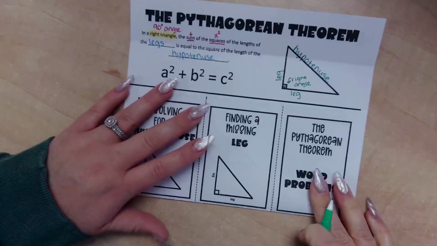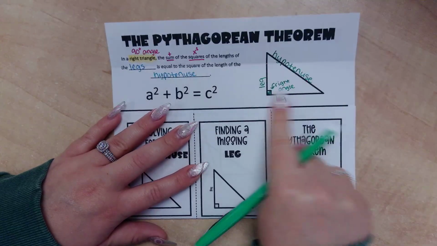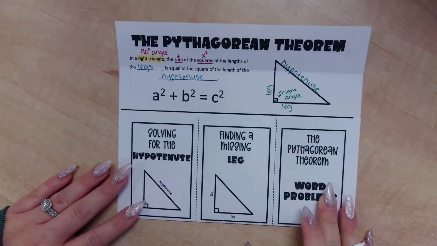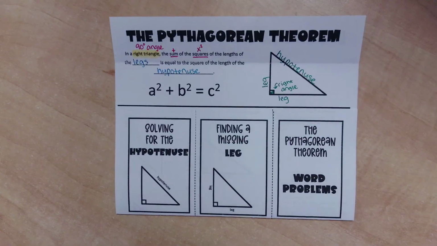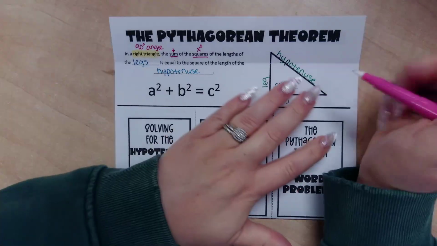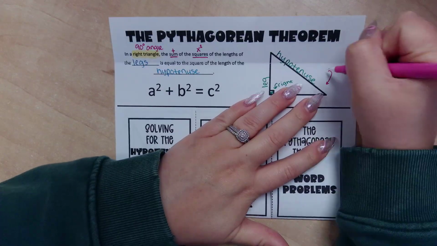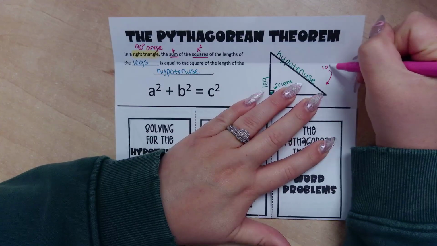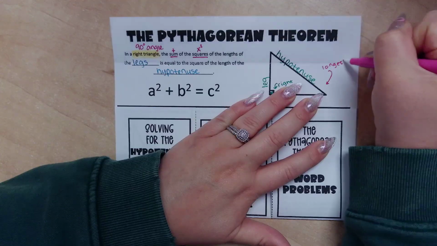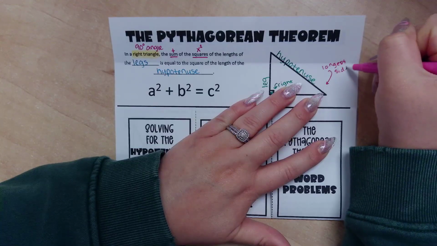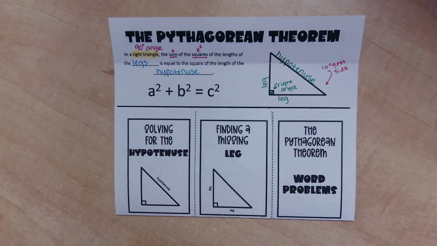And I want you to notice that the legs are actually shorter than the hypotenuse. The hypotenuse will always be the longest side of your right triangle, okay? So if you want to write that, I would recommend go ahead and reminding yourself that this is your longest side.